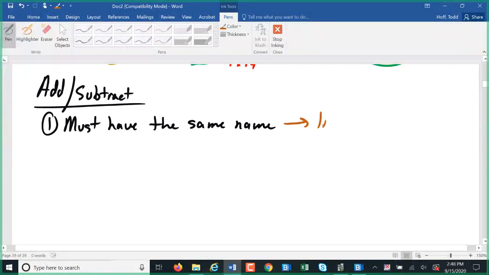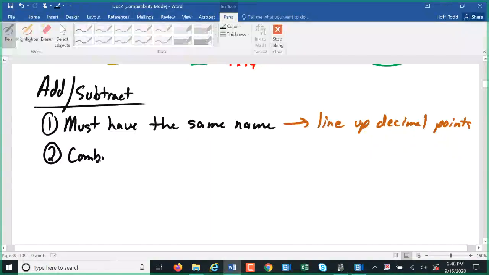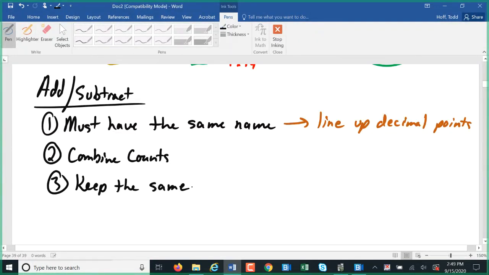That means line up the decimal points, making sure that we have the place values lined up, so we're combining digits with the same place values. Of course, we're going to combine counts. We always combine counts. And then we're going to keep the same name. For decimals, keeping the same name means dropping the decimal point down. Straight down.